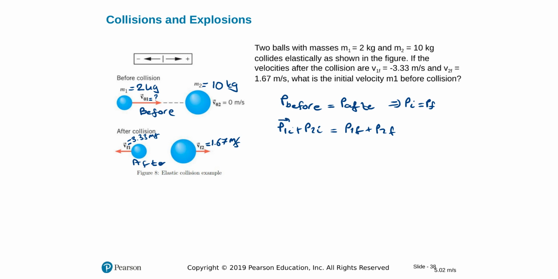Let's put in the vector signs now. We didn't put any directions yet. We're going to input the values with the directions. So this guy will be negative here. This guy will be positive, positive.